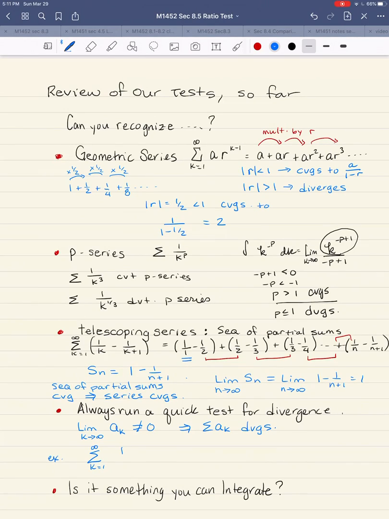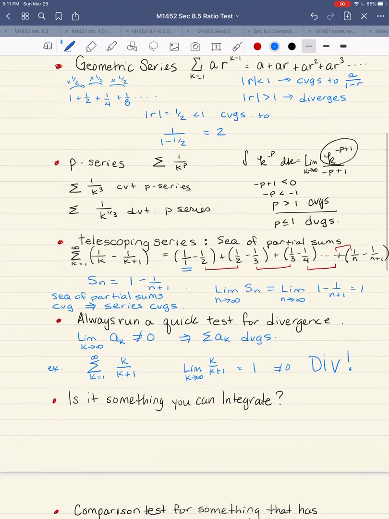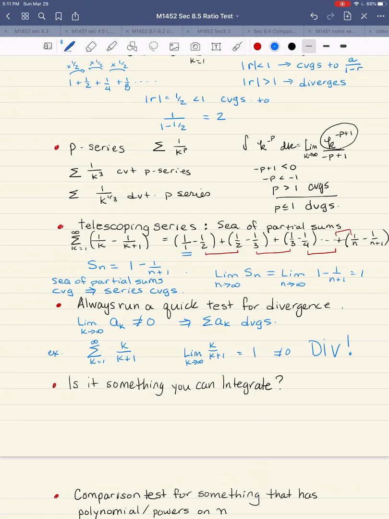So for example, if I had a series that looked like k over k plus 1, then I can quickly see, especially since you've been warned, that the limit of that general term is going to be 1. That's not 0, and so you're done. Series diverges. If the limit is equal to 0, you got to go on and try something else.